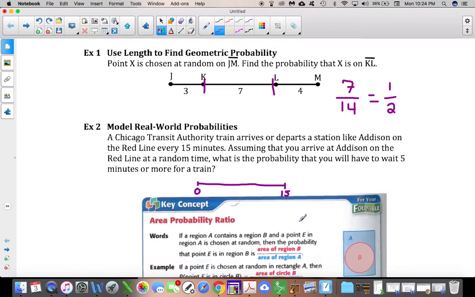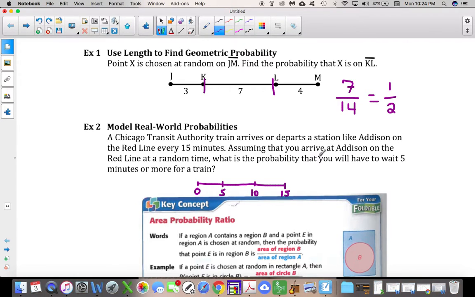So worst case scenario, I show up as it's leaving, and I'm going to have to wait this 15 minutes. Best case scenario is I show up and the train is coming as I show up, so I'm going to have to wait 0 minutes. So anywhere between 0 and 15 minutes is my wait time, basically, and I'm going to segment off this line segment here so we can see what's going on.